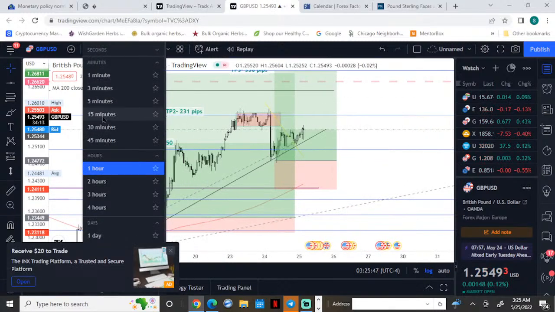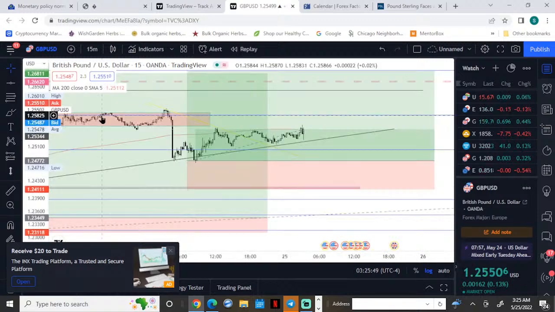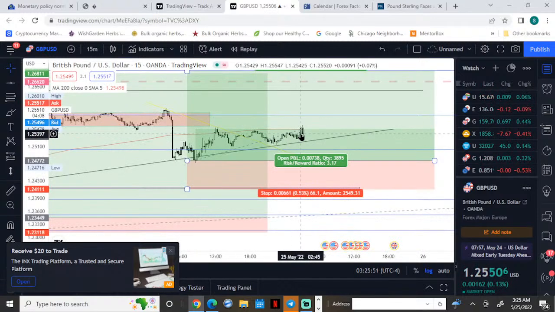Let's see. Yep, I would wait for it to pass this zone right here, this blue line at 1.25825, and wait for a break and retest.